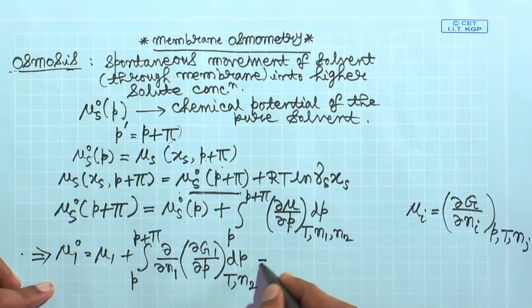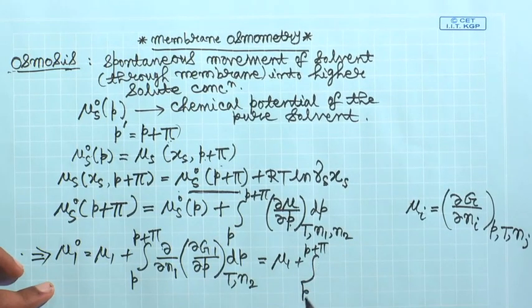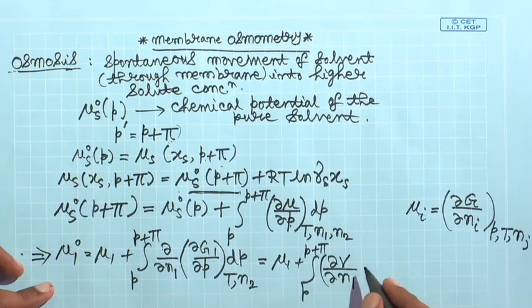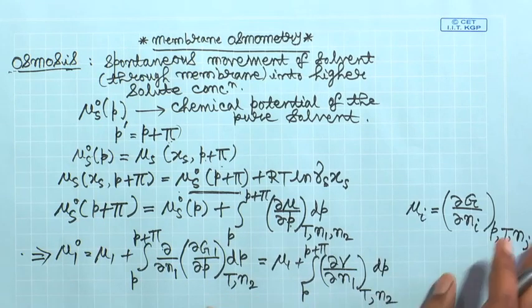So that will be equal to mu 1 plus the integral from P to P plus pi of del V del N1 at constant T and N2, dP. Now, how is this relationship coming?